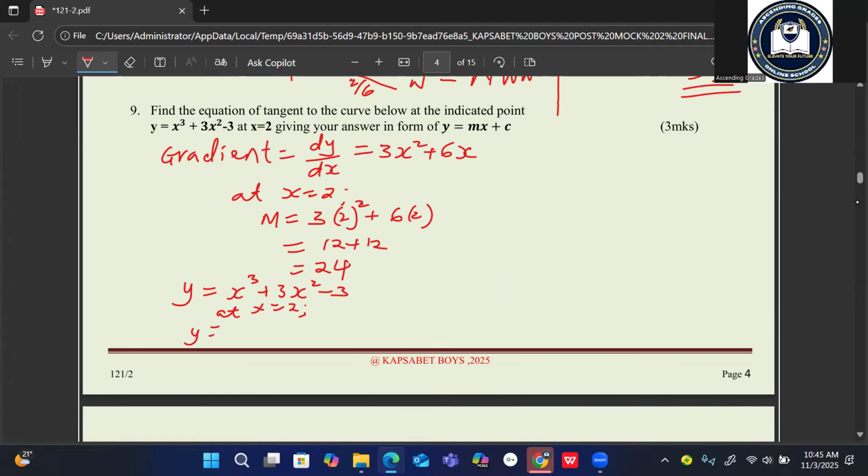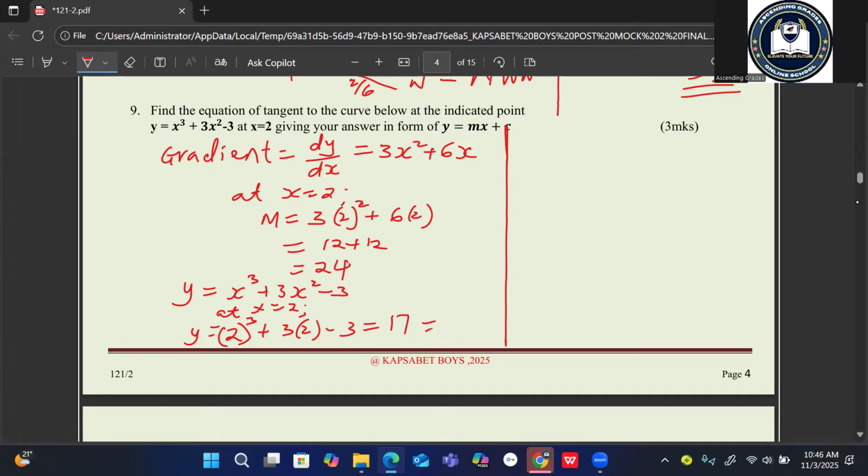So our y will be equal to 2 cubed plus 3 into 2 squared minus 3, which gives us 17. So since we have the two coordinates of x and y, and we also have the gradient, it means that we can find the equation of that straight line.